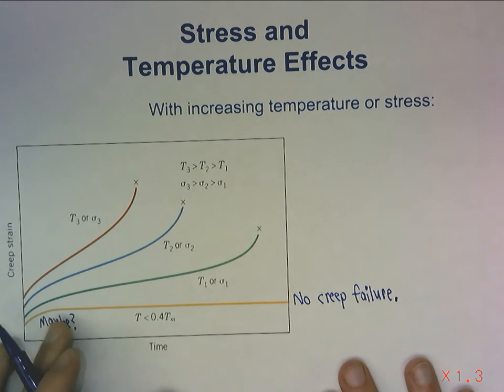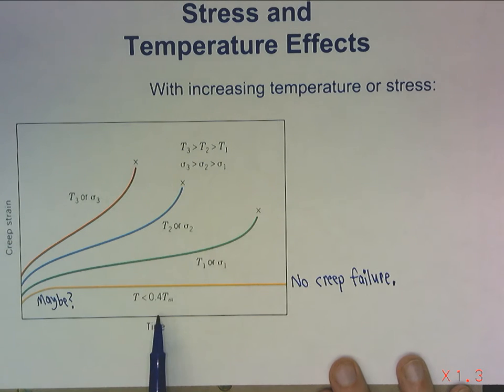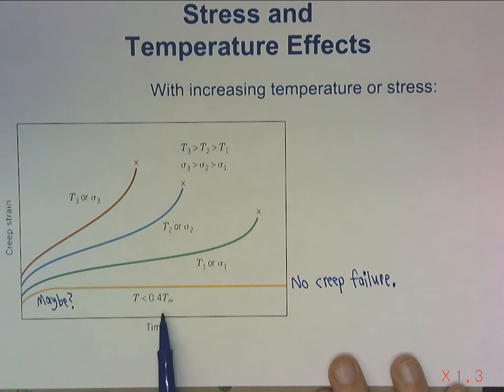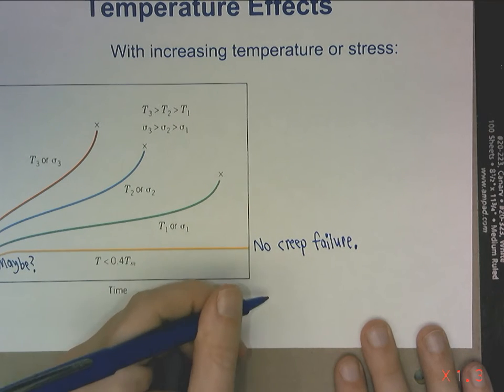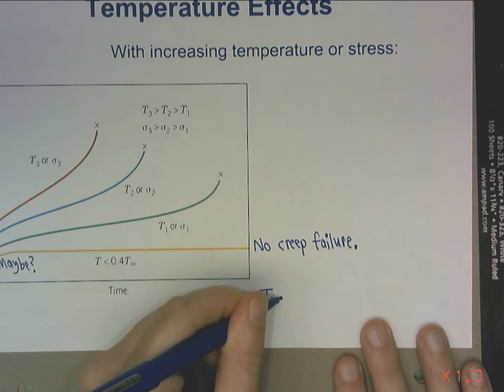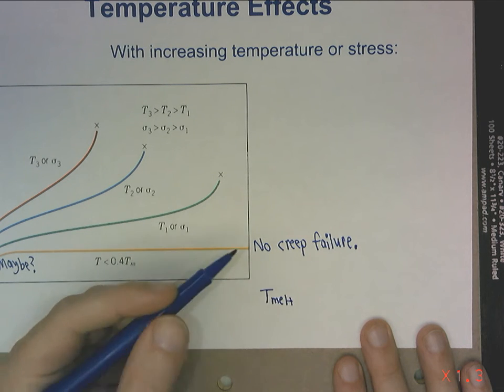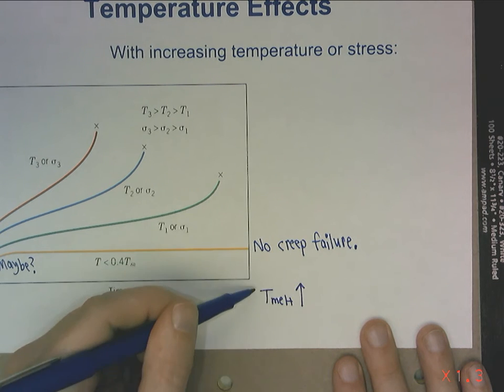So think this through. If it's less than 40% of the melting temperature, and we generally don't expect a creep failure, more or less, what if we have a part that's failing in creep? What's one way we can resist creep? Well, if it's a function of the melting temperature, what if we take T melt and we increase it?